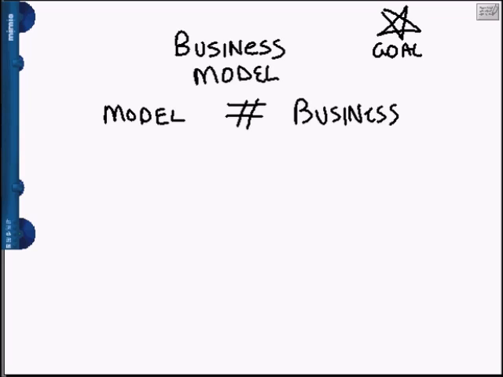Now let me explain that. Now we talk about a hub and spoke marketing model, which is a business model. But we're also going to talk about something that I call a theme and a niche.